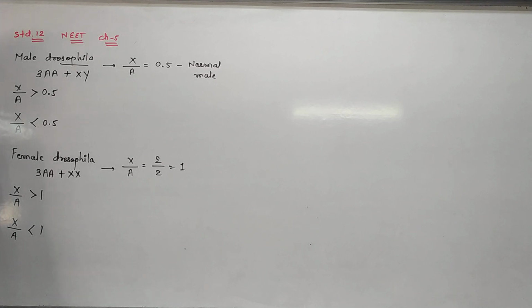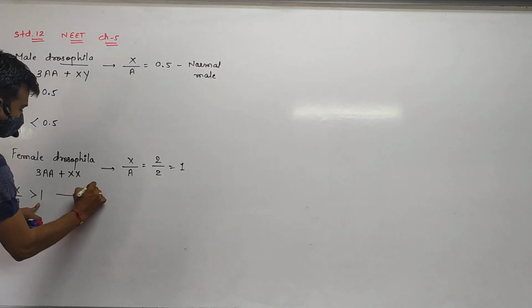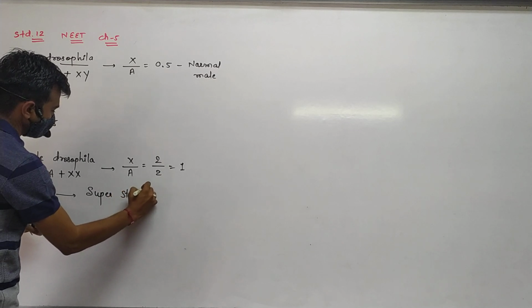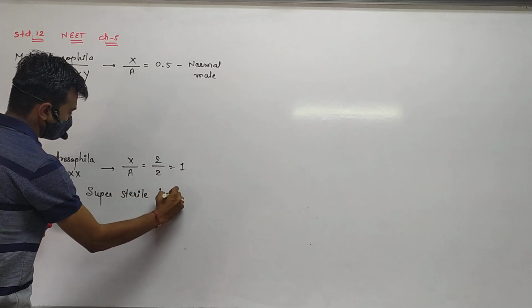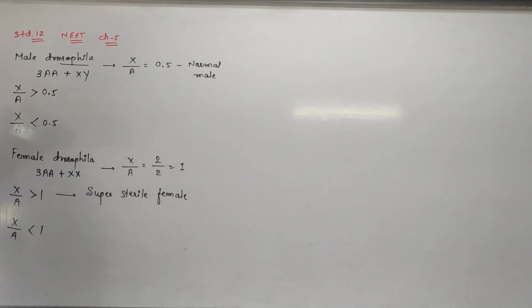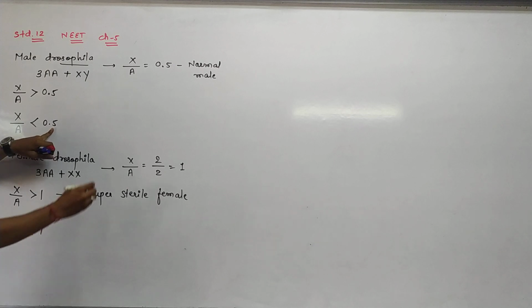So you remember only this thing. If the X upon A ratio is greater than 1, it is known as super sterile female. X upon A ratio is greater than 1 and X upon A ratio is less than 0.5.